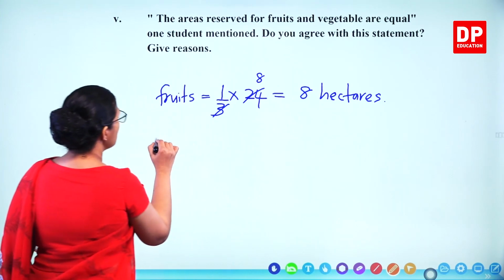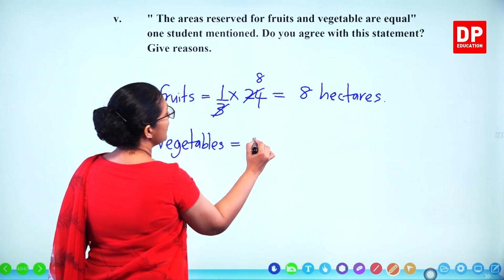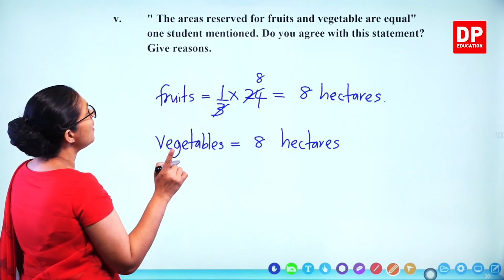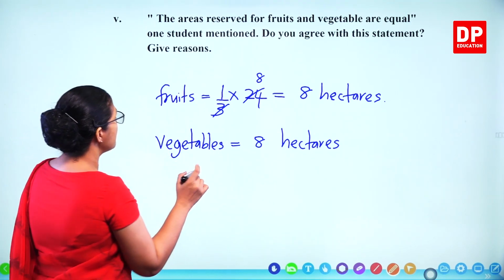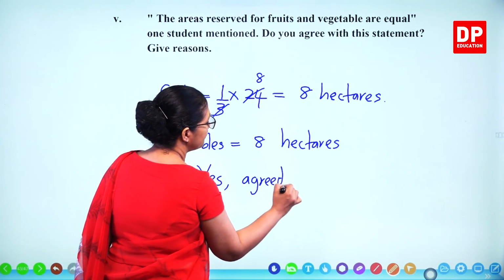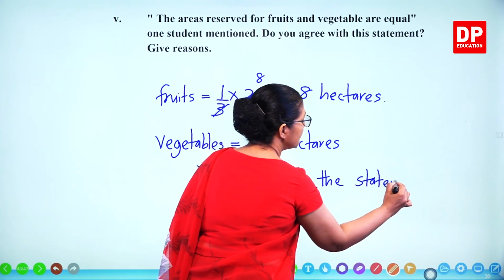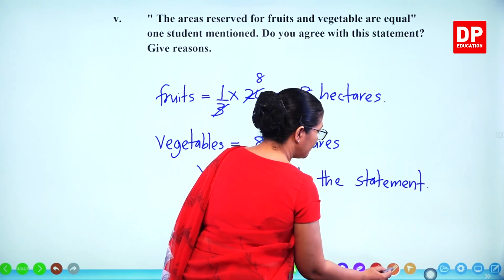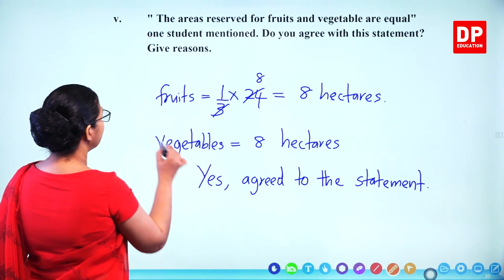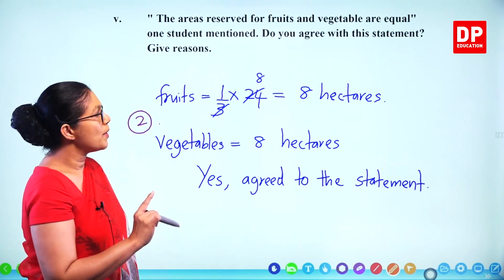And we know vegetables we also found before, 8 hectares. So these are equal. So do you agree with this statement? Yes. Agreed to the statement. So you get 2 marks for that. So altogether we gave 11 marks for that question as well.